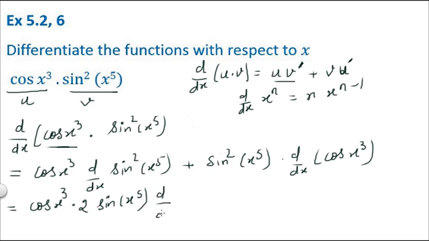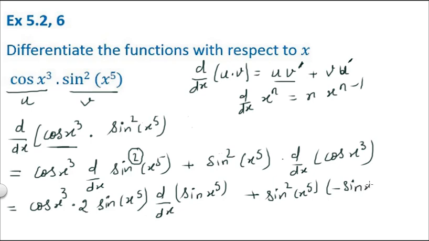And we will do what? D by dx of, right now we have done the power function. We will do for sin x to the power 5. Clear? And this side we have sin square x to the power 5. Now d by dx of cos of x cube. As you know, differentiation of cos x is minus sin x. Clear? So right now we have done for cos. Now we will differentiate for x cube.